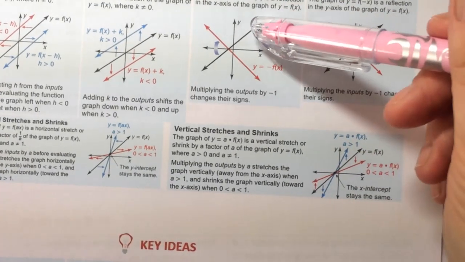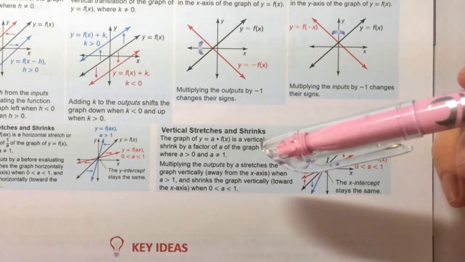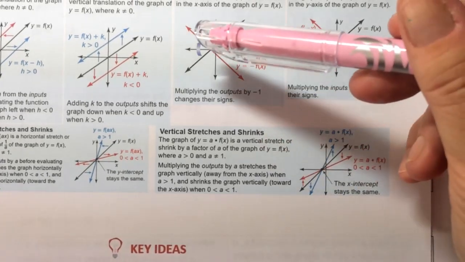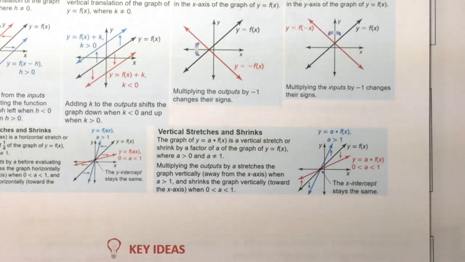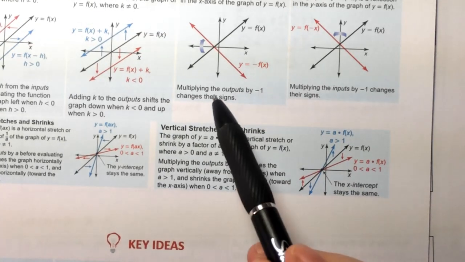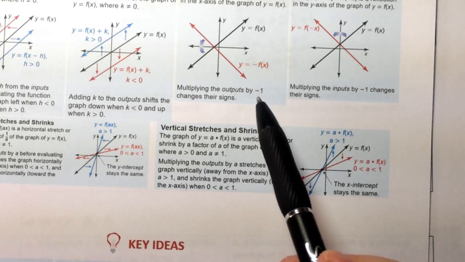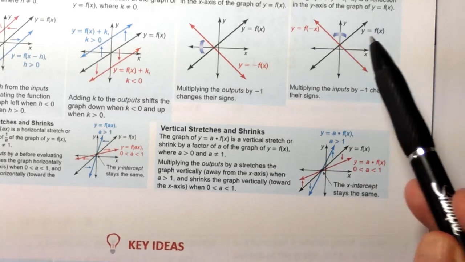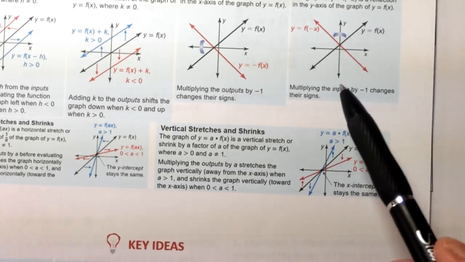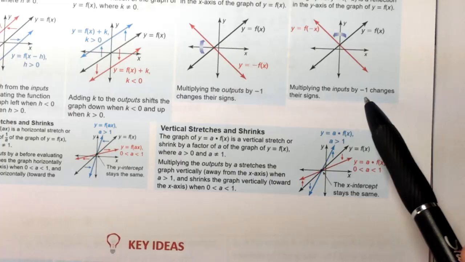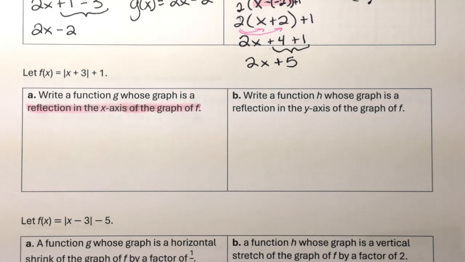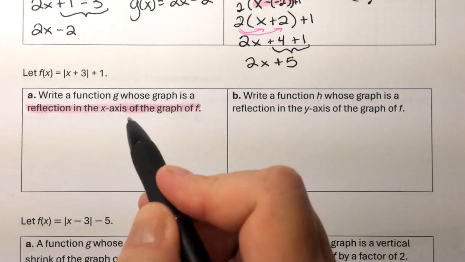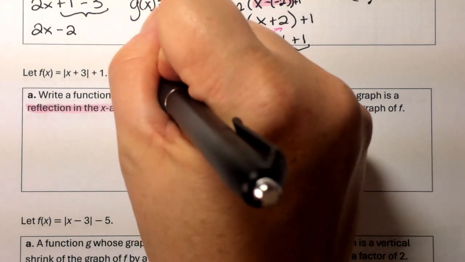I don't like reflections of linears. They're a little harder to see, but just know if you are reflecting vertically, you multiply your output by -1. If you reflect horizontally, so over the y, then you're multiplying your input by -1. All right, so since we're reflecting over the x, it affects our output.